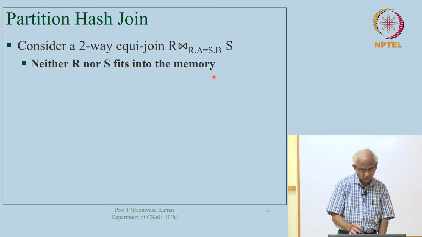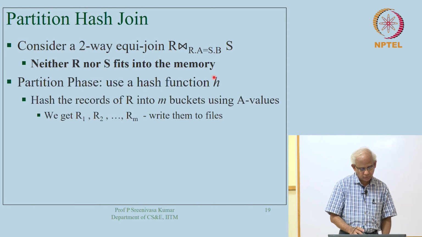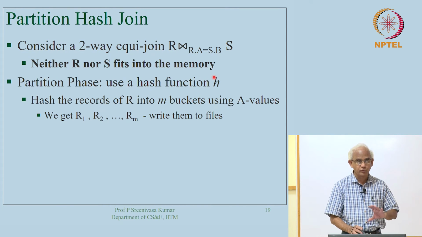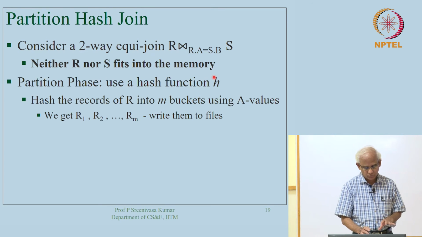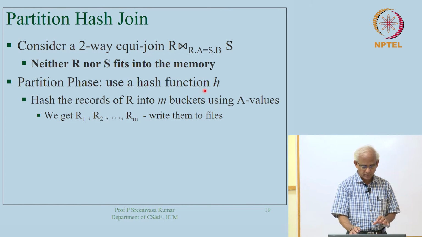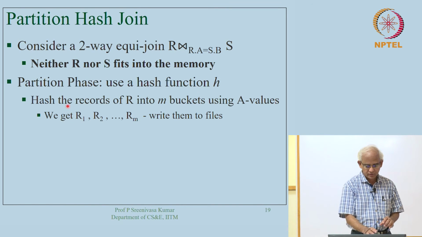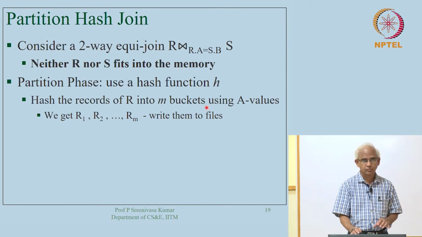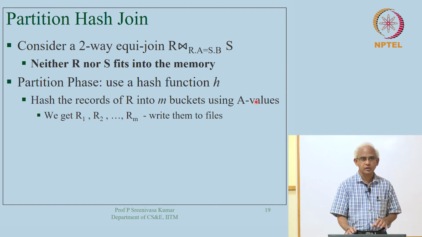We will do it in two phases: a partition phase and a probe phase. In the partition phase, we choose a hash function h appropriately and hash the records of R into some m number of buckets using these A values.